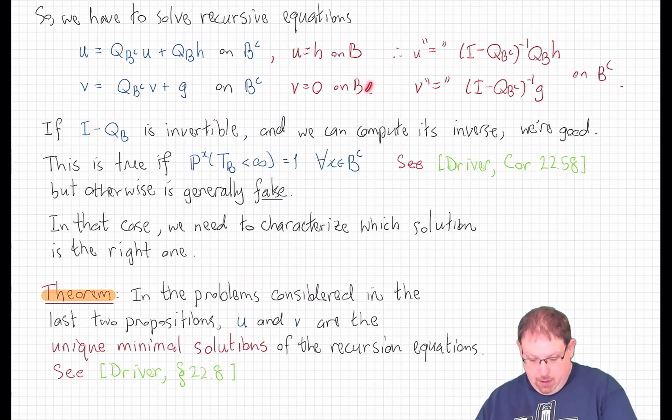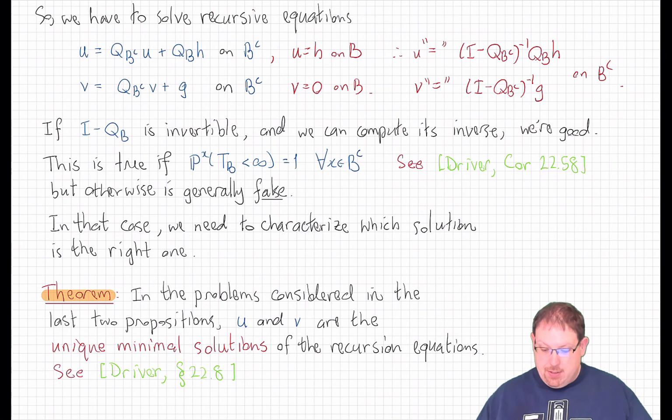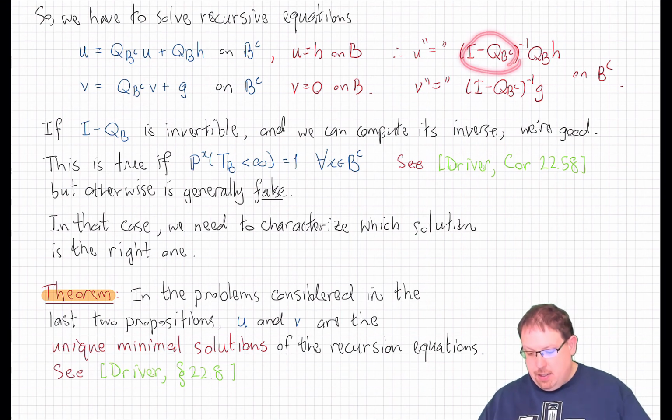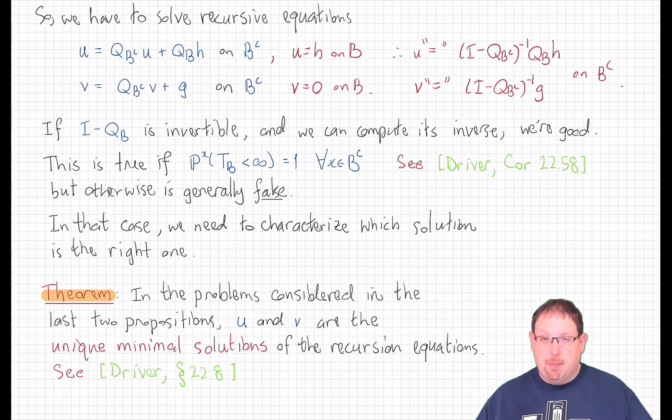Since we know what they are on B as well, that gives us a complete, easy description of how to solve for U and V. The problem is that that presupposes that this operator here is an invertible operator in some sense. And the fact of the matter is that it frequently is not. So there will often be more than one solution here.